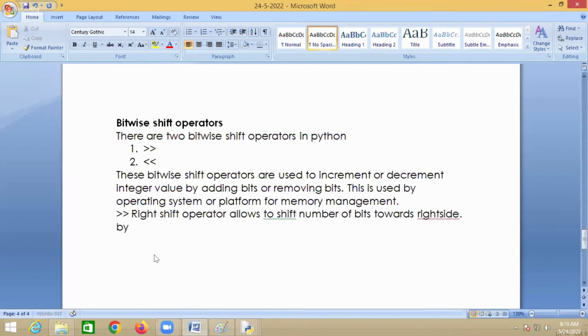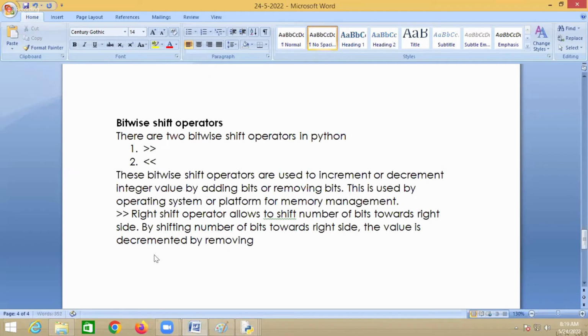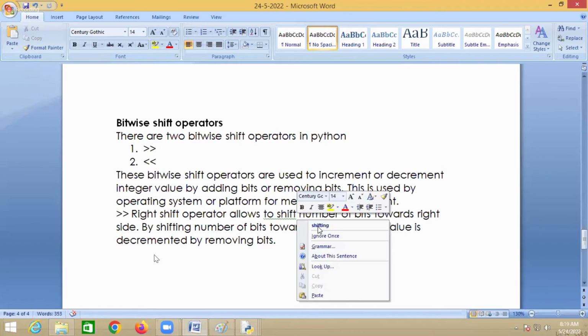By shifting bits towards the right side, the value is decremented by removing bits.